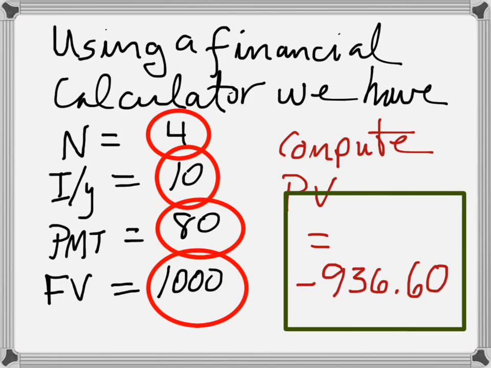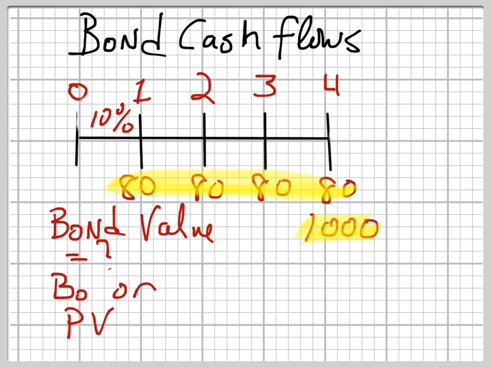So this is another very important time value of money concept. If you are looking at an investment that's going to give inflows to you of 80 per year for 4 years and 1,000 in 4 years, those are inflows to you. Those would be positives. You have to pay to get that stream. You would pay $936.60. So let's go back now to our timeline, and we can add that amount right here.